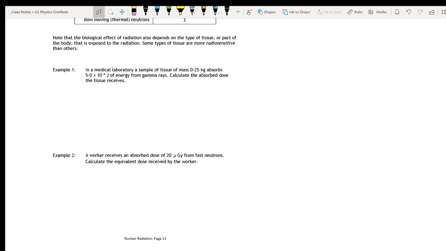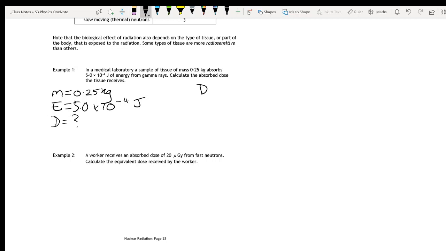So we know that we've got a mass of 0.25 kilograms. We've got energy, and if you're not happy with standard form, please let me know. So energy is 5.0 times 10 to the minus 4 joules. And it asks us to calculate the absorbed dose.